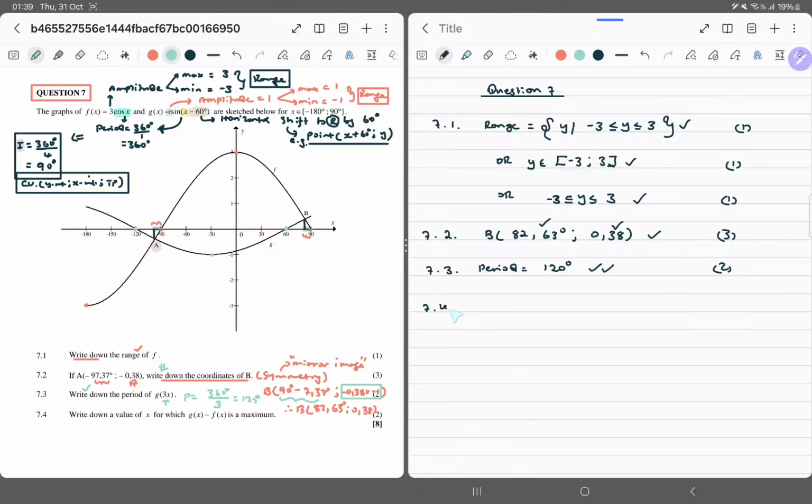So 7.4 says now write down a value of X for which this is a maximum. Meaning the greatest distance. So how would you do this? Well, what I normally do, you can just take a ruler and target an area that you think is giving us that vibes.